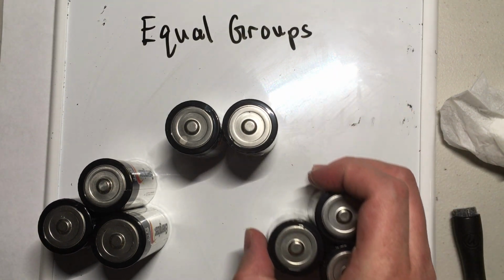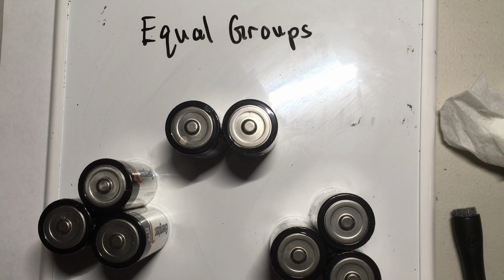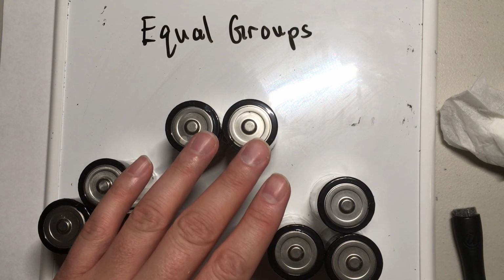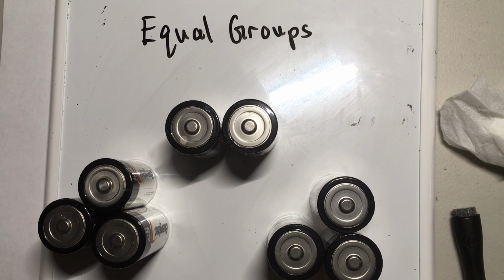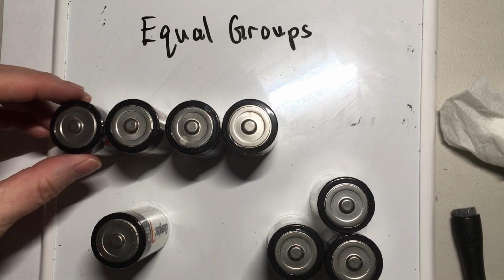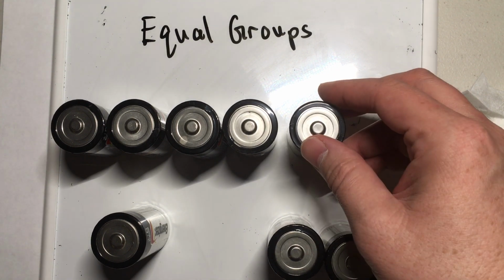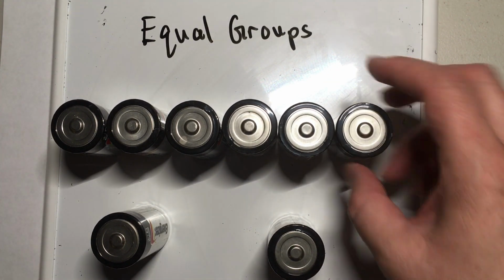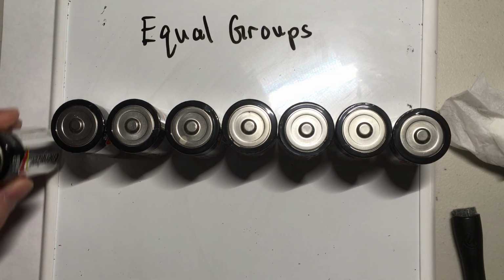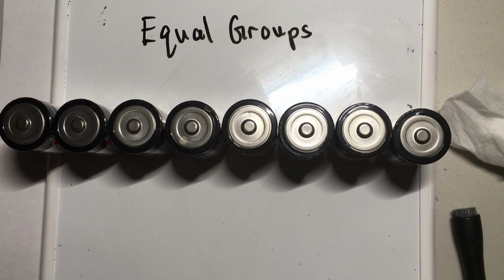And this is good experimentation. Okay, well I have 2 equal groups of 3. I have 1 group of 2. That doesn't make equal groups. What if I make 1 group of 4? I mean, rather 1 group of 8. Can I do that? Sure. That's an equal group. 1 group of 8.